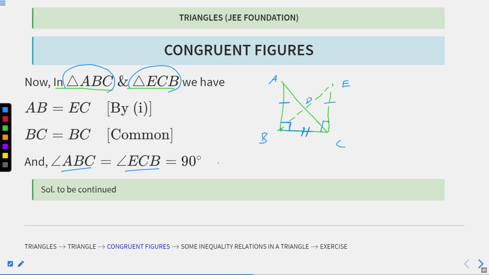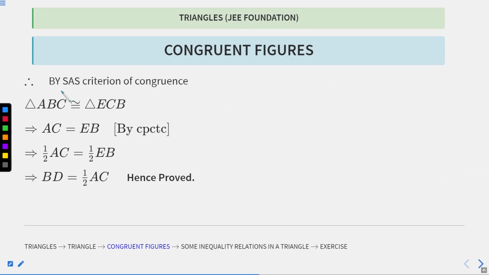BC was common. So using side angle side, I can say that both of my triangles are congruent.